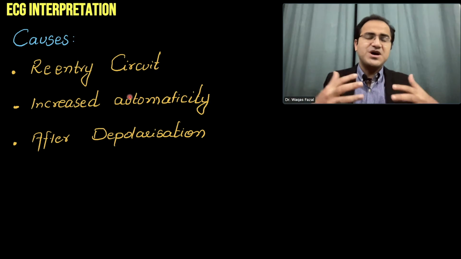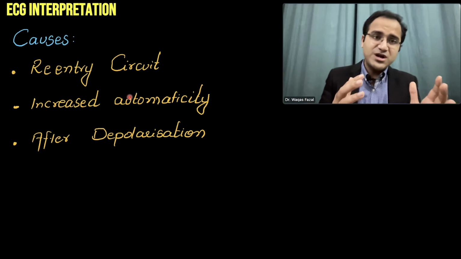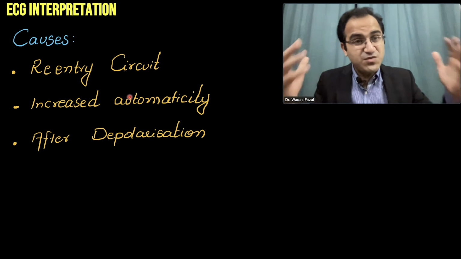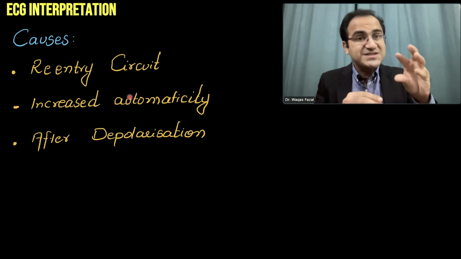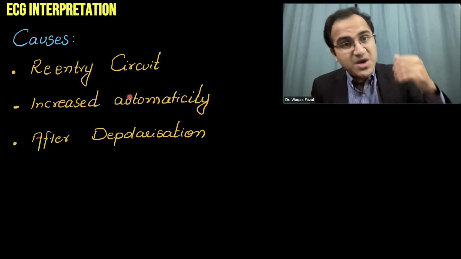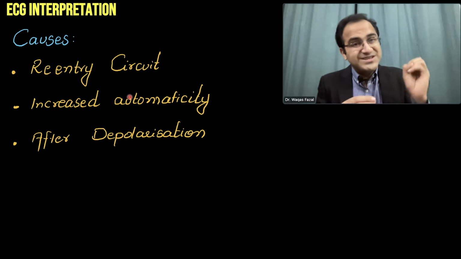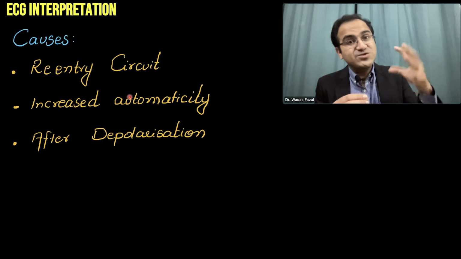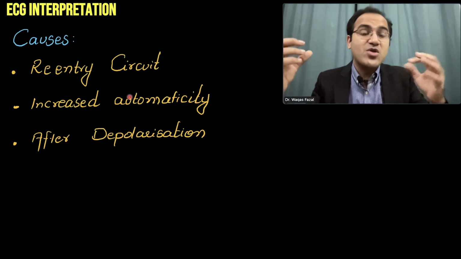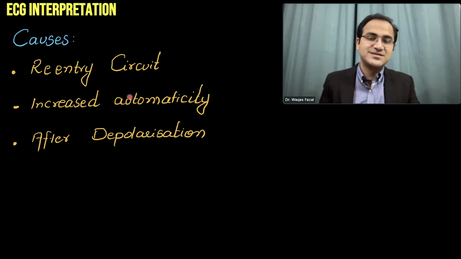Increased automaticity: heart muscle, when it gets damaged after a myocardial infarction, when it gets damaged due to chronic congestive failure, when it gets abnormal after pathological hypertrophies, can develop increased automaticity, where there is increased production of electrical currents, and those electrical currents fight with the SA node and they cause abnormal rhythms of the heart and make the ventricle seize like this.